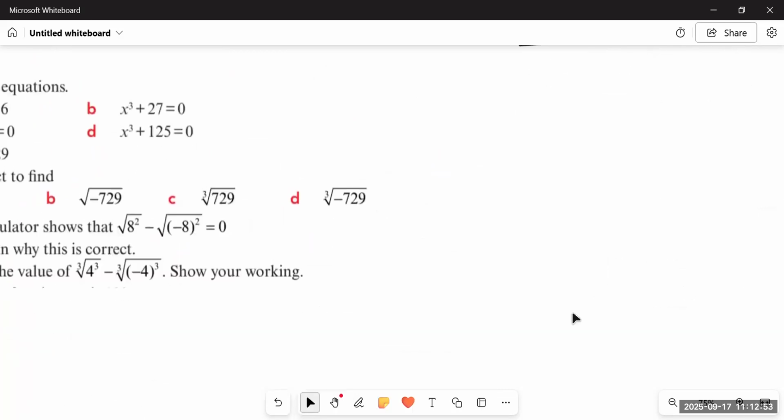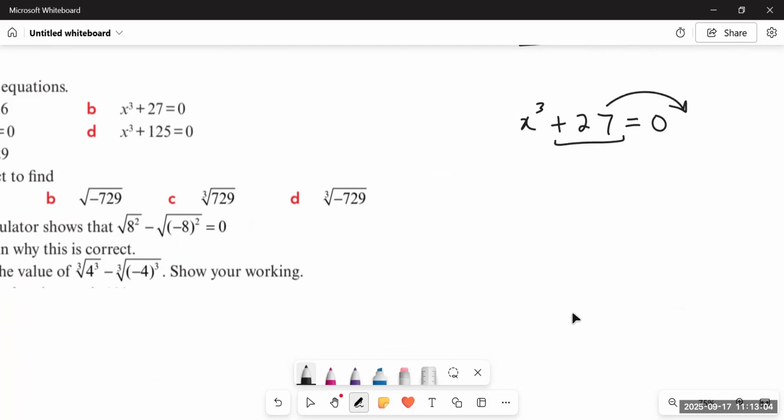In the next part, we have x cube plus 27 is equal to 0. Now, there's one more step involved. We will move plus 27 to the other side, and it will become x cube is equal to minus 27. The sign will be changed. So I can write it as x cube is equal to minus 3 to the whole cube, because I know that the cube of a negative number is negative.